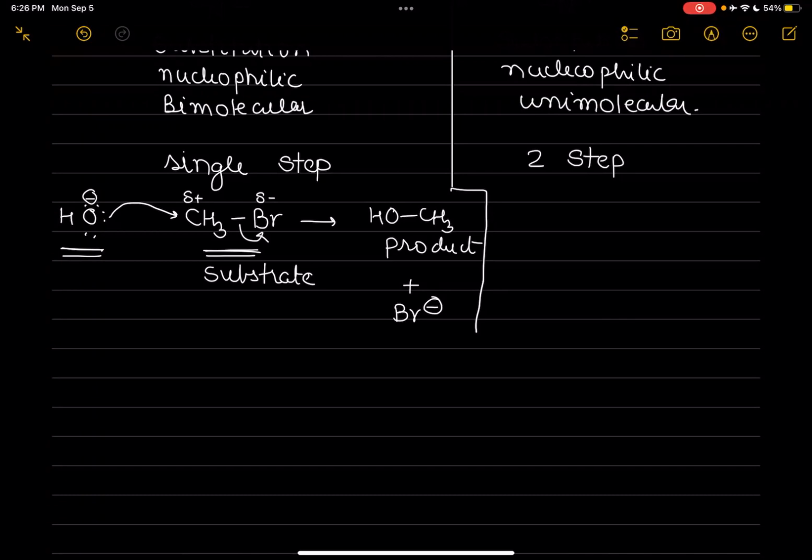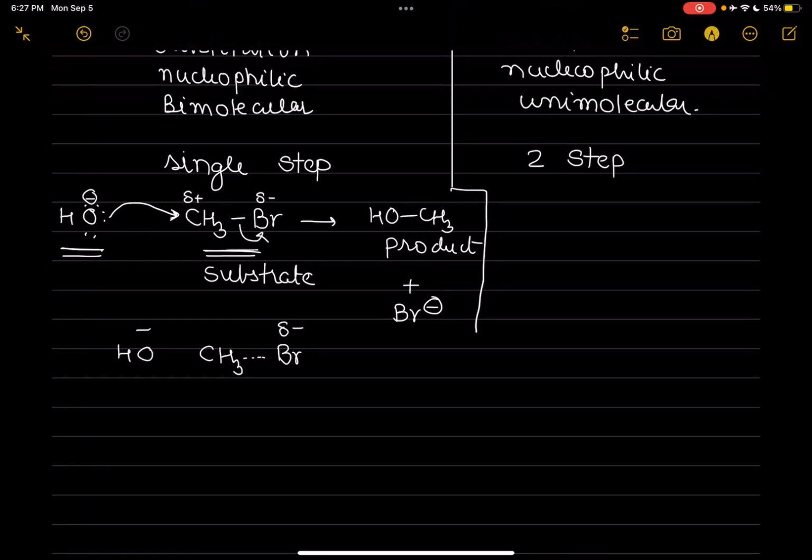Actually, if you take a picture of this molecule in the middle of the reaction, how does it occur? CH3 is there. Br actually is breaking away with the electrons. These arrows I put to represent how the electrons are coming and getting attached.